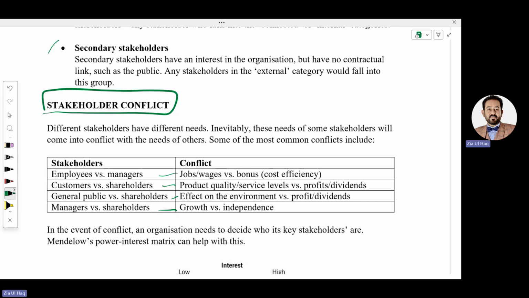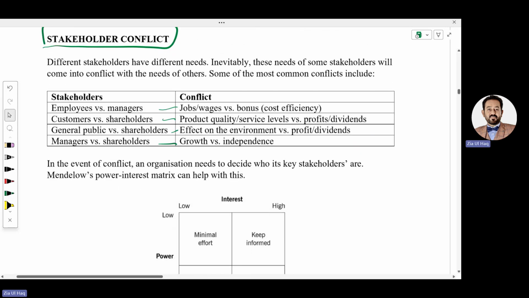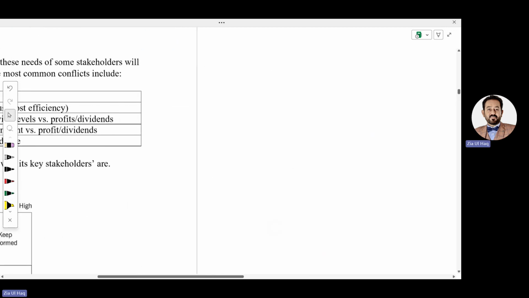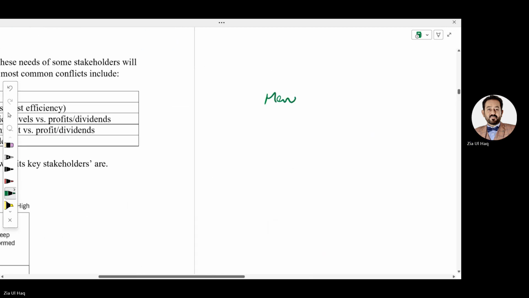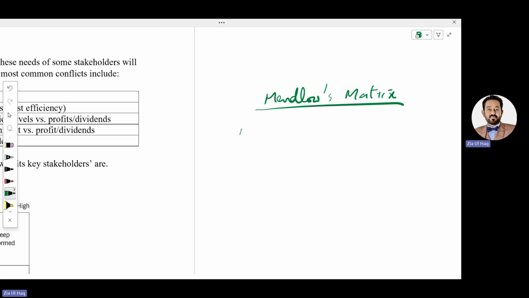How to resolve this conflict? We can resolve this conflict by considering the Mendelow matrix. What is the Mendelow matrix? According to Mendelow, while making a decision, you need to consider your stakeholders according to their influence in the organization.